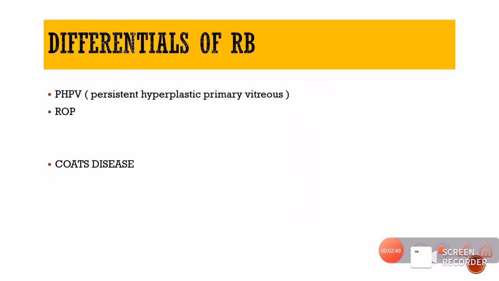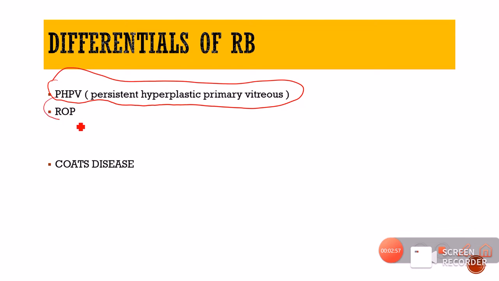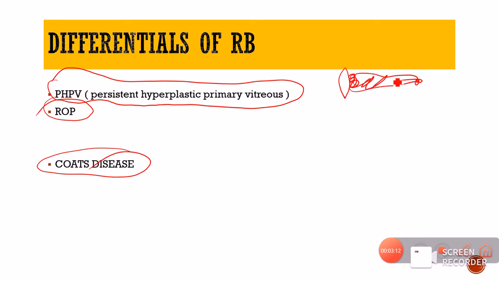Now, there are a lot of differentials of retinoblastoma, but the major ones are persistent hyperplastic primary vitreous, retinopathy of prematurity, and Coats disease. In persistent hyperplastic primary vitreous, we have persistence of the primary vitreous, which usually extends from the back of the lens to the retina, traveling in the vitreous cavity.